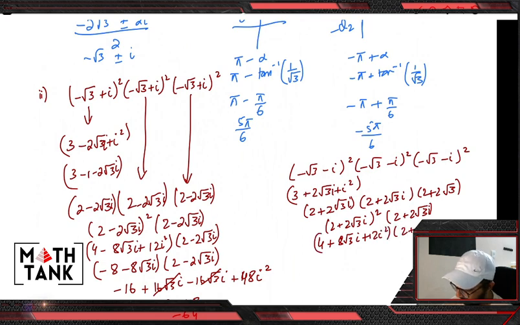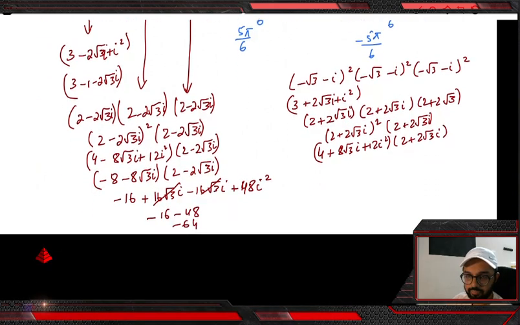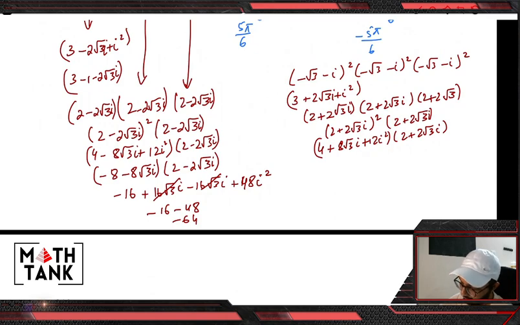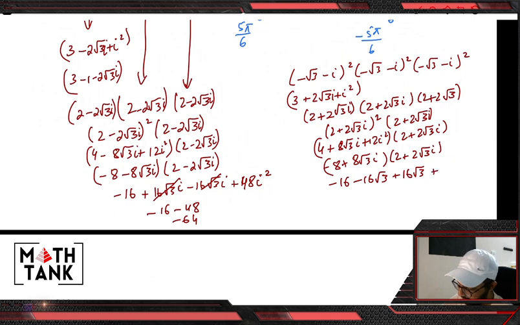It's a stressful question. So minus 16 root 3i plus 16 root 3i plus 48i squared. So that gives me again minus 64.